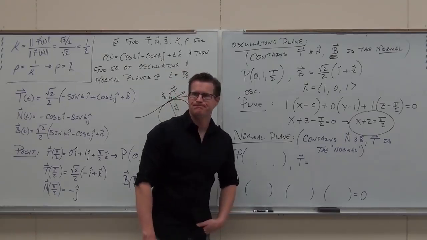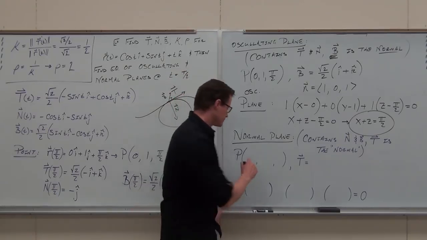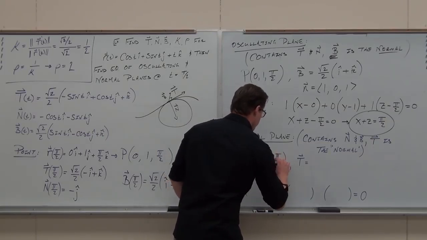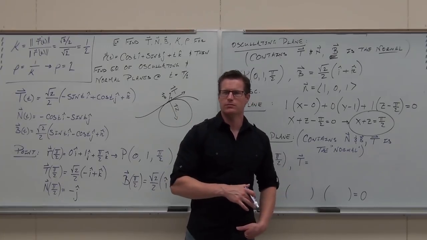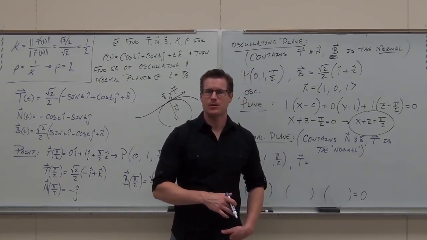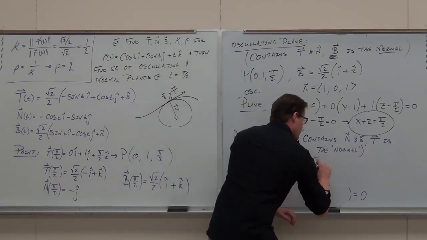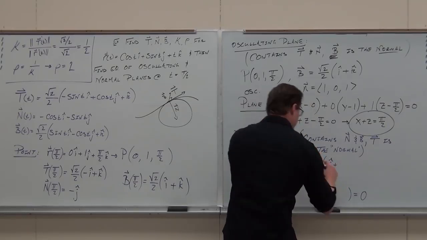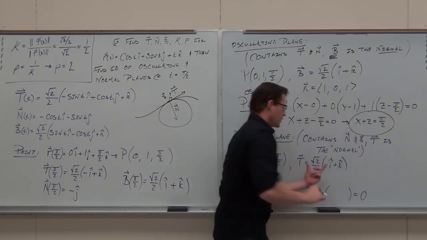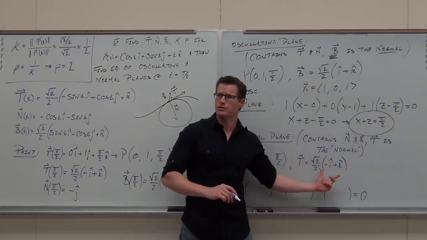Hey, what's our point? 0. Perfect. Love it. What's the appropriate vector we should be using? The normal here is what? T. Whatever T is. Okay, so I'm going to start that off, root 2 over 2, negative i plus, it's okay? Would you want to use that as your normal vector?